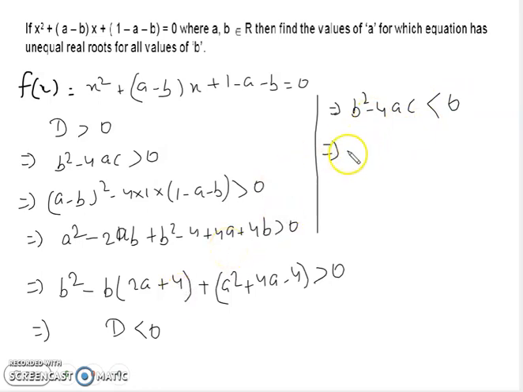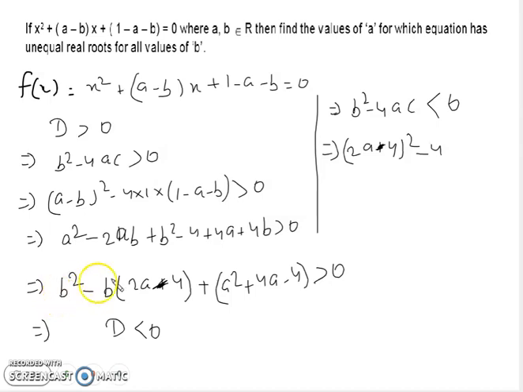It is (2a plus 4) whole square, and the sign will be minus, so (2a minus 4) whole square minus 4ac.